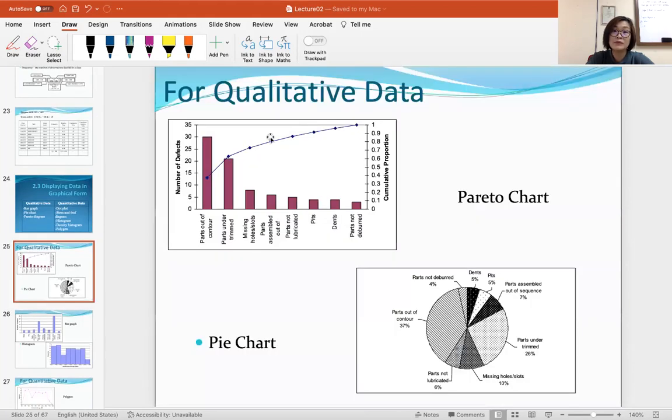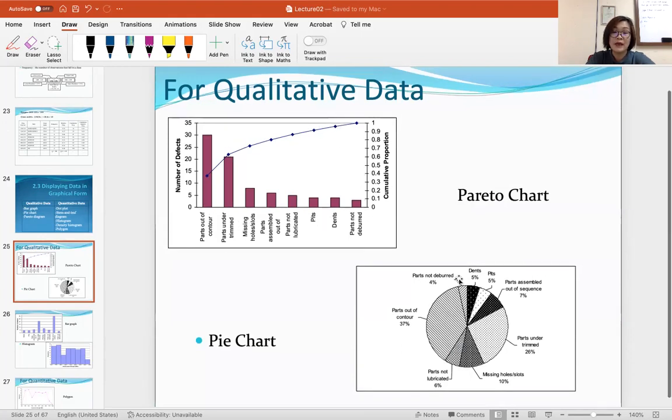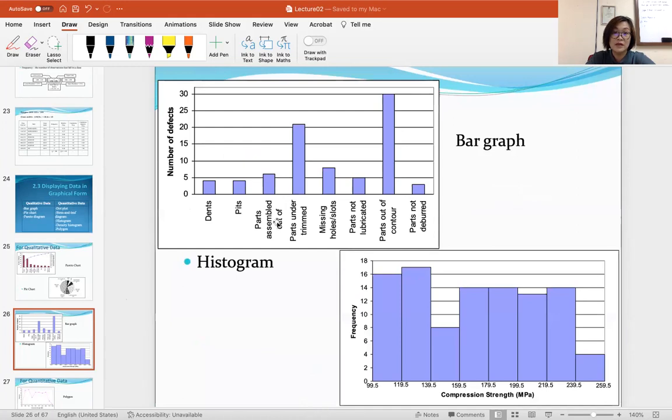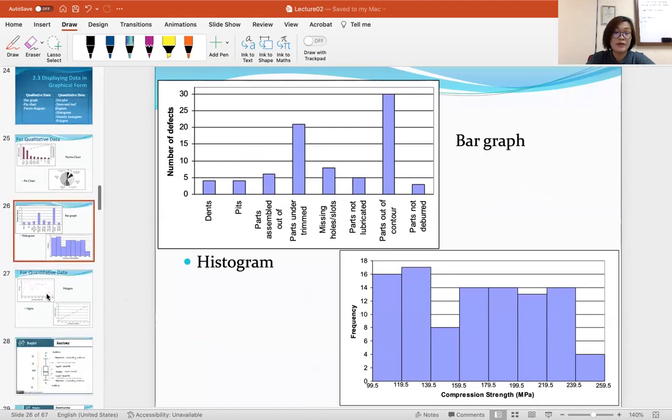This is the example for the qualitative data. Okay, so different brands, different factors, and I can look at the number of defects. And this is the pie chart for the qualitative data. So we can also convert it into histogram or bar chart, bar graph.